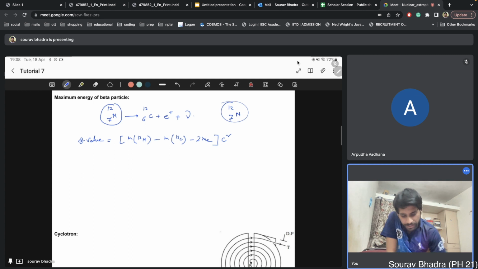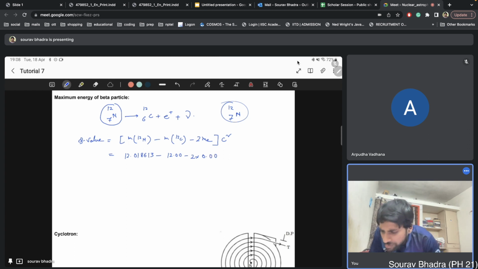So these values are given: 12.018613 in AMU, this is 12, and this is 0.008549, times 931.5 MeV. So you will get 16.31 MeV.